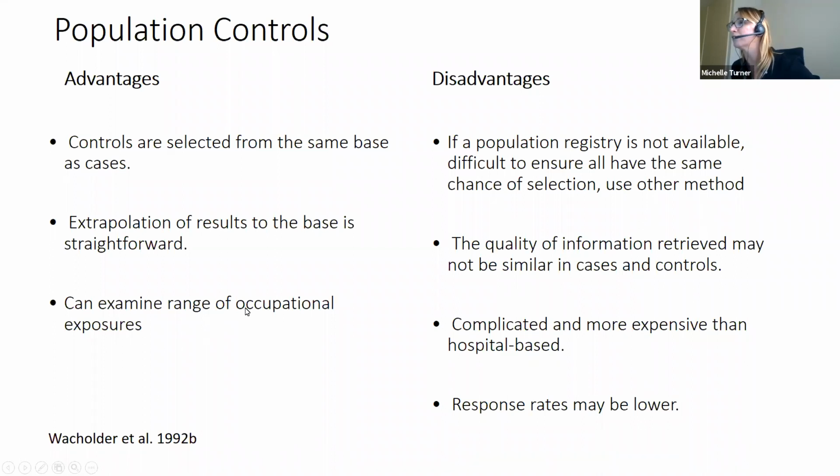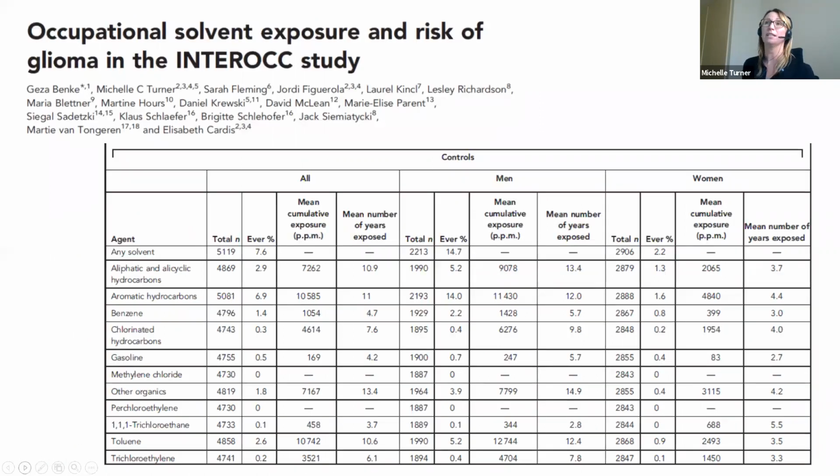It can be difficult sometimes to ensure that the cases and controls have the same chance of selection, that the quality of information that's captured from both cases and controls is similar, maybe more expensive, and response rates may be lower in the general population. This is another maybe weakness or disadvantage of general population case control studies.